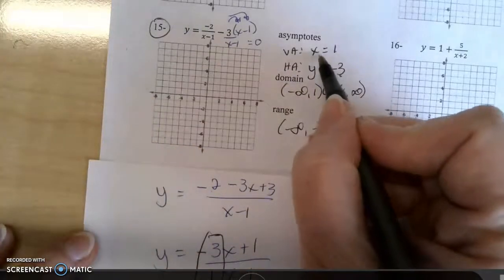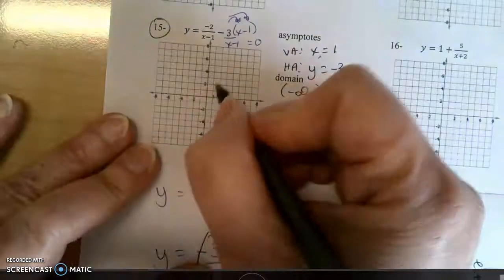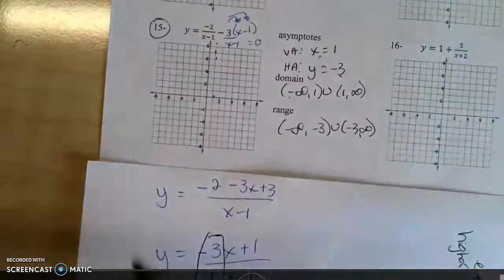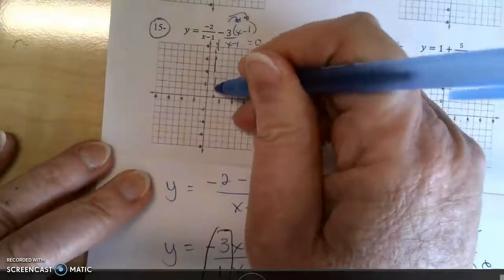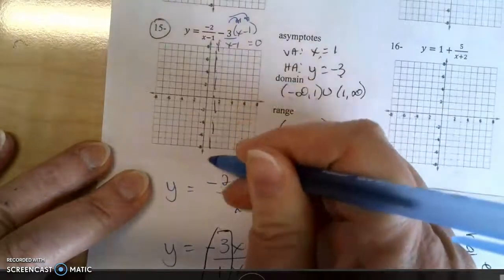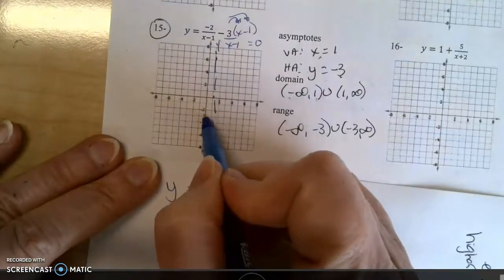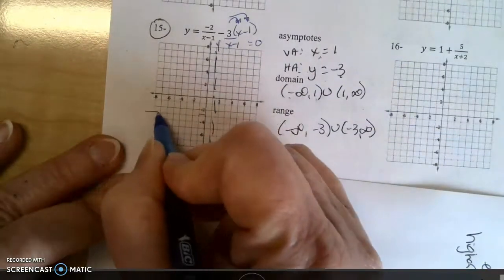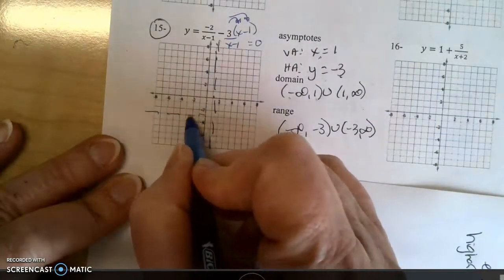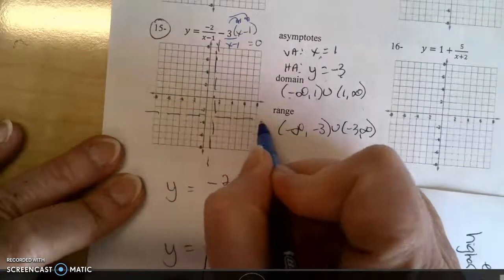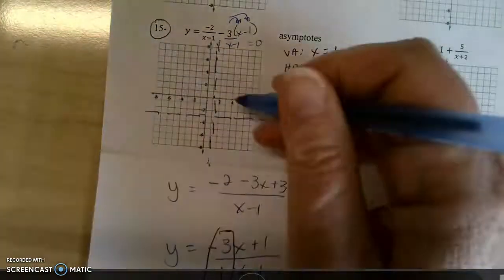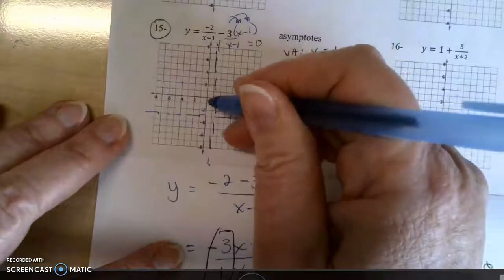I'm going to plug them in. So x equals 1. And y equals -3. Okay, I'm going to check either side. I've got to find the quadrant.